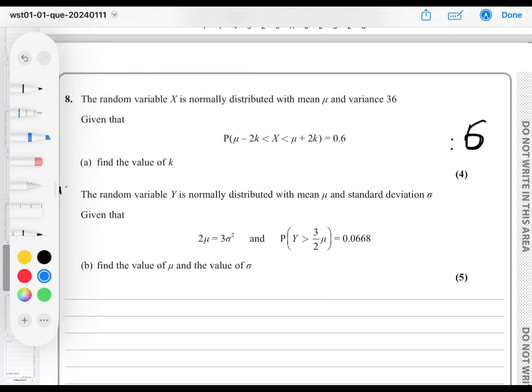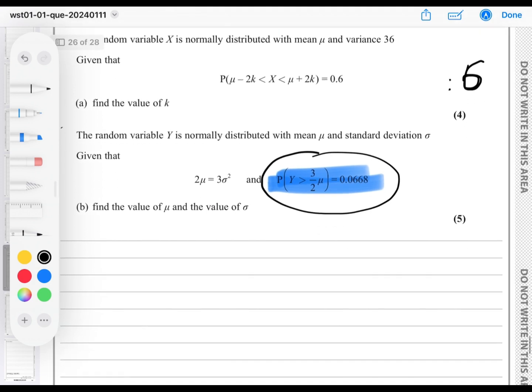The second part: the random variable Y is normally distributed with mean mu and standard deviation sigma, given that 2 mu is equal to 3 times the variance, and this probability is given here. So now we will use this one because the probability is given here, and we need to find mu and the standard deviation.